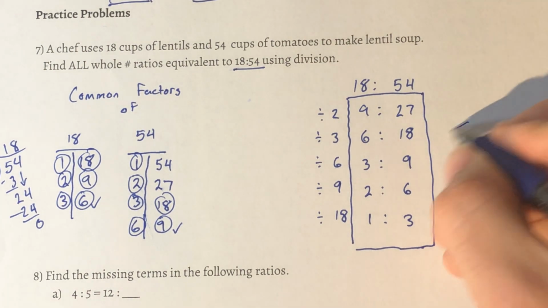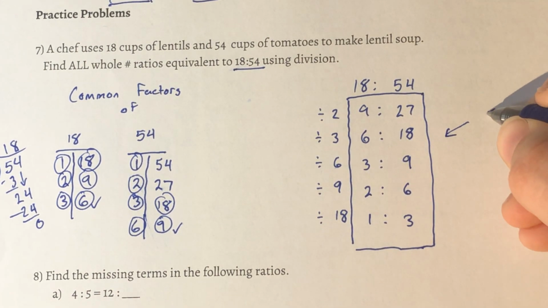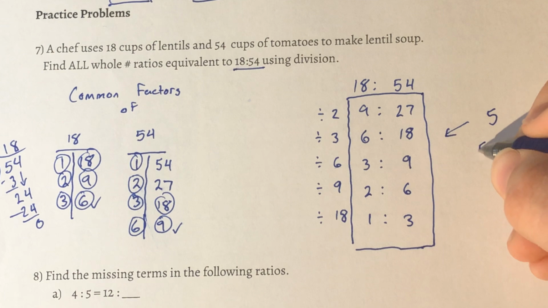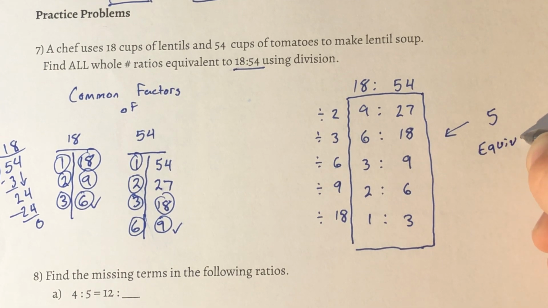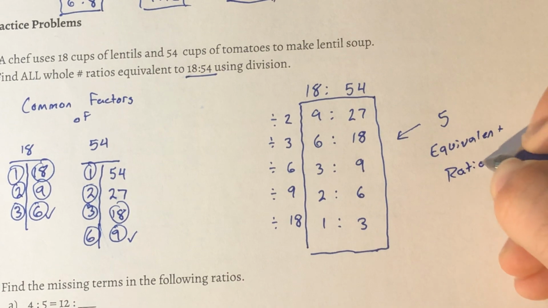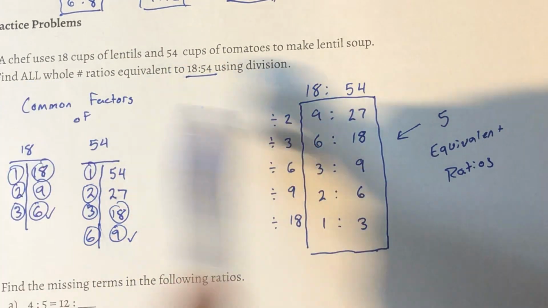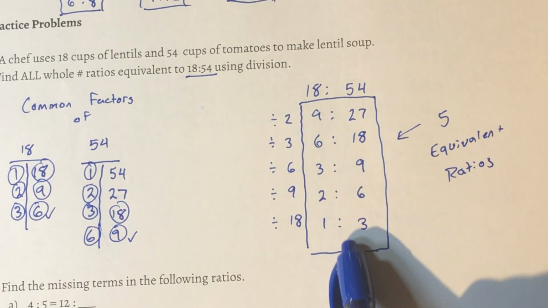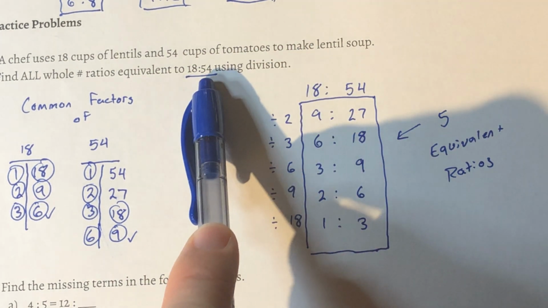All right, we have found 5 equivalent ratios using division. So these are all whole number ratios equivalent to 18 to 54.